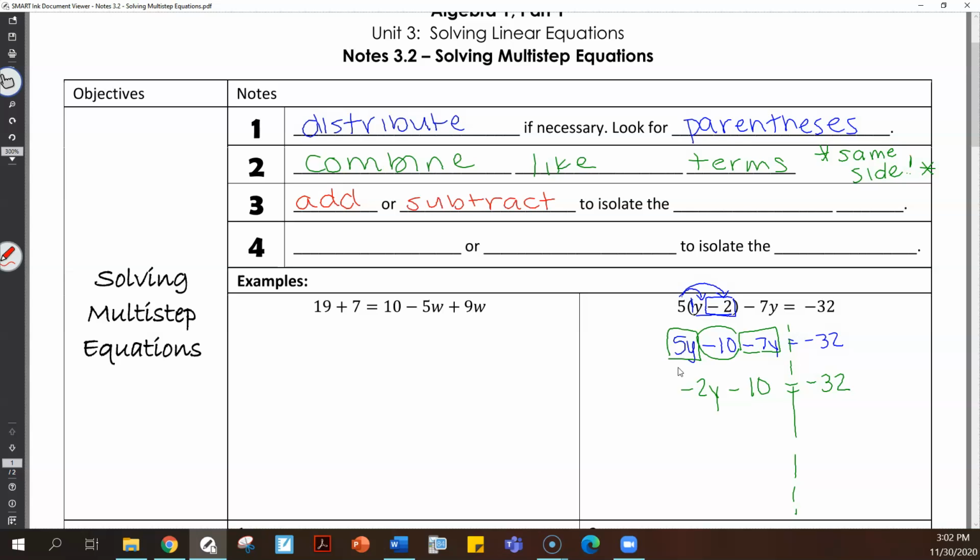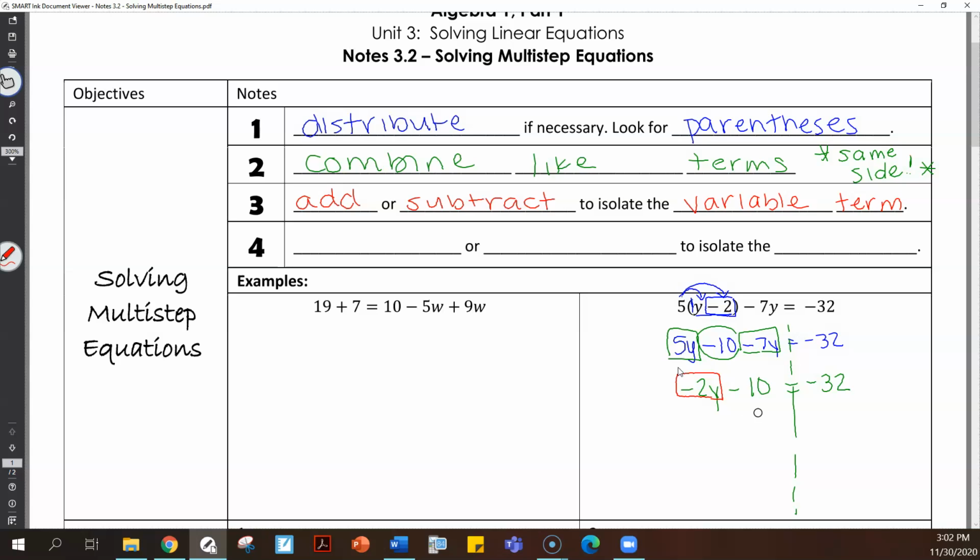So once I have a two-step equation like this, I'm going to add or subtract to isolate the variable term. Now remember, the variable term is your variable and anything that is connected to that variable. So in this case, my variable is y, and my variable term is everything connected to that y. So negative 2y is my variable term.